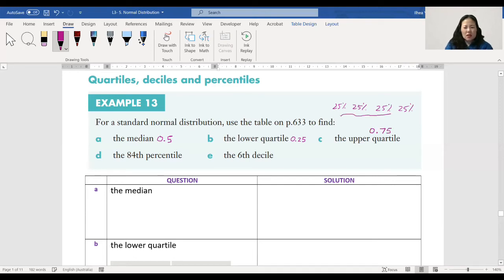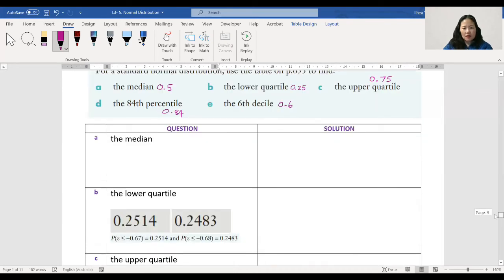So I think it's a good idea to write the decimal first and then you work through it. So 84th percentile, so it's 84%, so basically 0.84. And 6th decile is a 60%, so it'd be 0.6. Okay, so that's the actual area that was given to us. We just have to find the value.